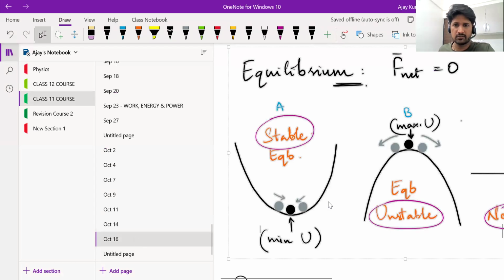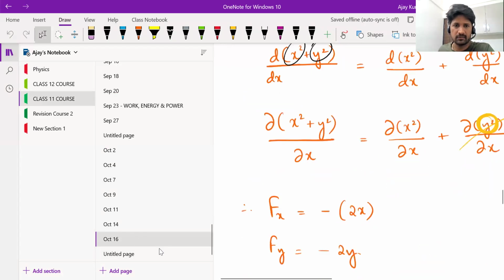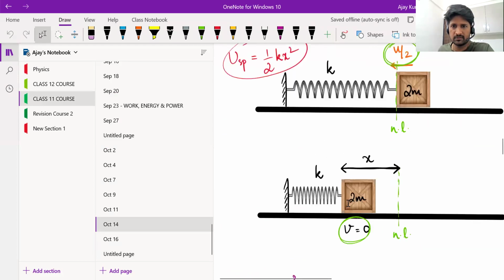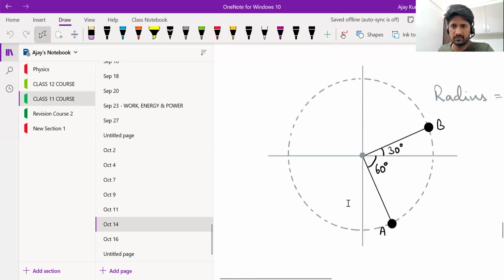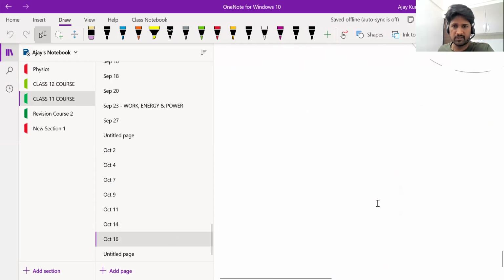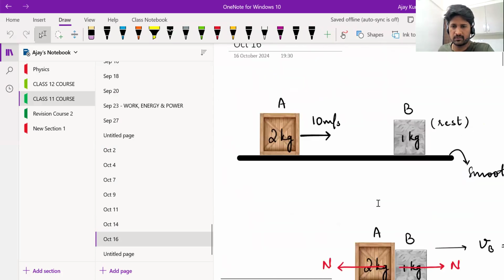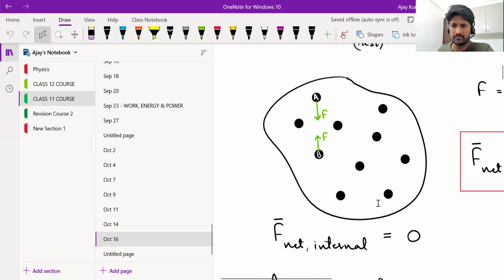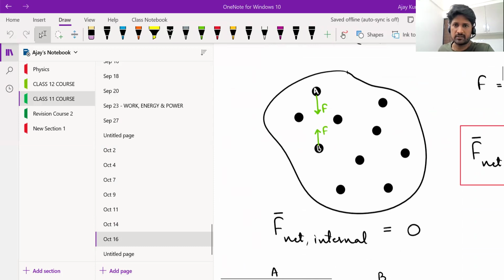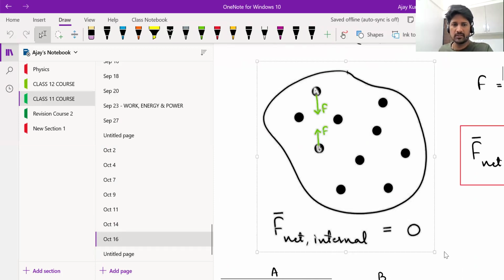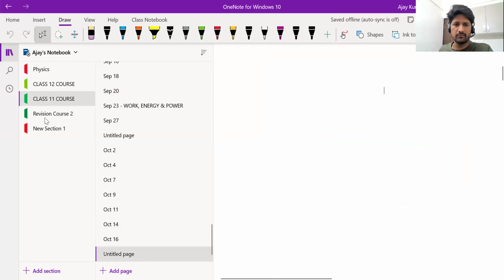Let me just show you that diagram. Not in the last class, maybe before that we discussed momentum conservation, those cases. Okay, this one, last class one. Net internal force on a system is always 0, because what do we mean by an internal force?